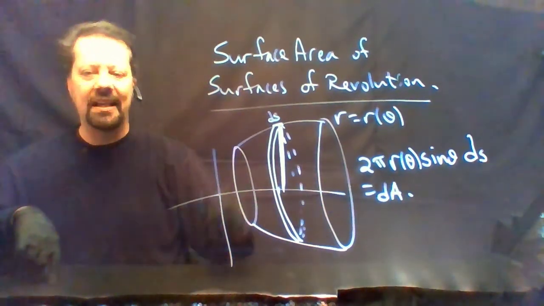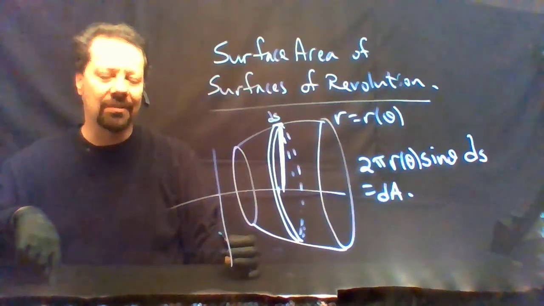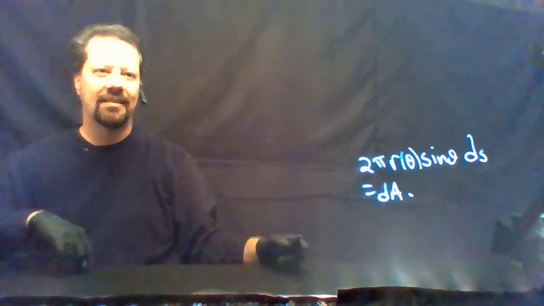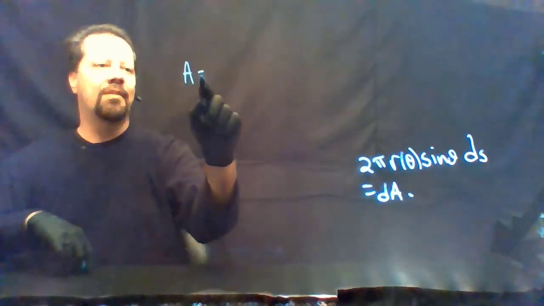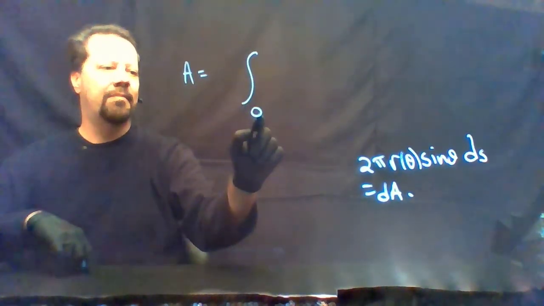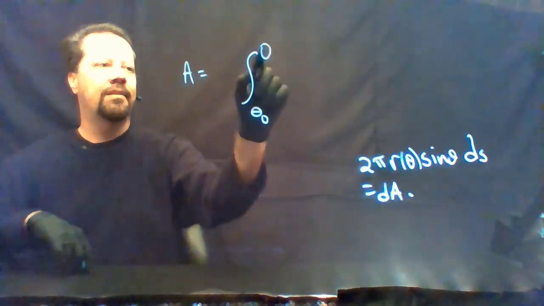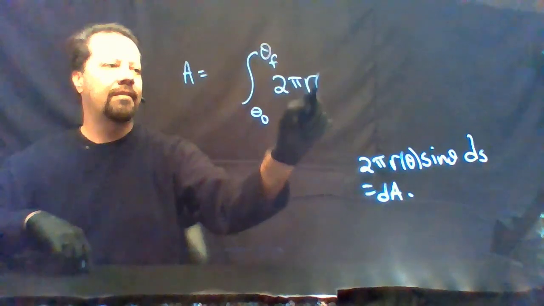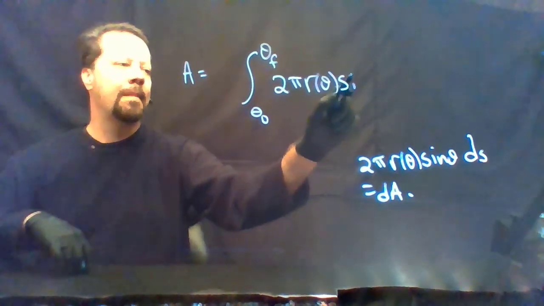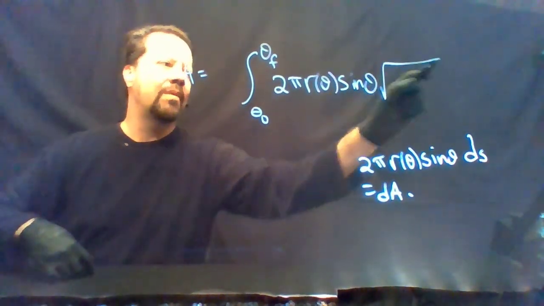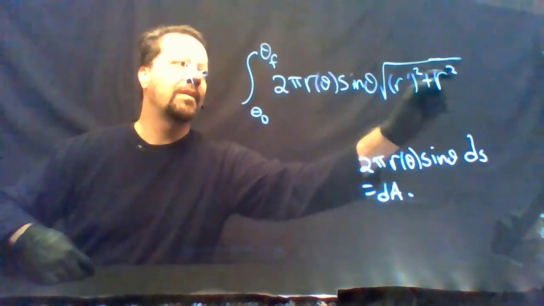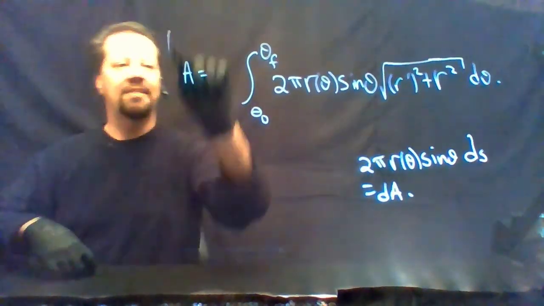We add up the element of surface area using an integral to find the total surface area. The surface area formula is then the integral from theta naught to theta final of 2 pi r of theta sine theta times the square root of r prime squared plus r squared d theta.